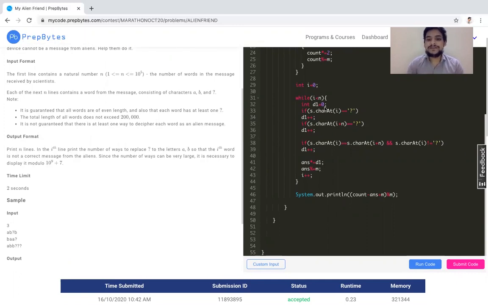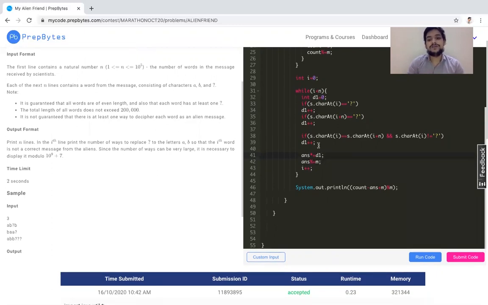So we will keep it 0, because there can be possibilities where there is no question mark at the ith index, no question mark at the I plus nth index, or there is a question mark but these are equal. These three conditions fail there. So then if we still get 1, it will give us a wrong answer. That's why I took the answer equal to 0.